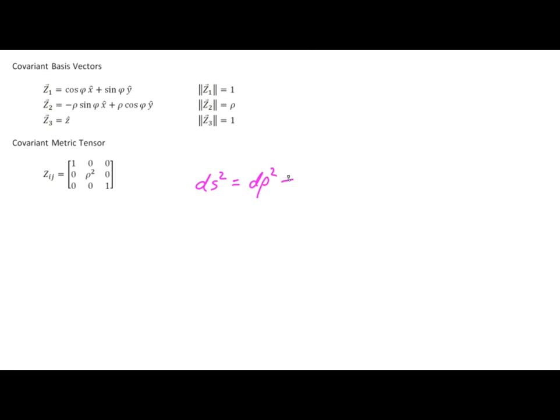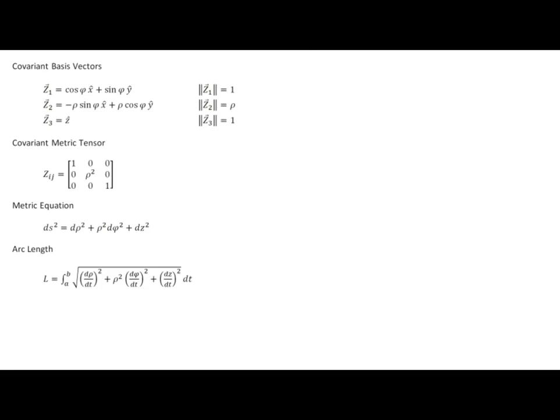The second term is going to require z22 as a factor, and then dz2 times dz2, which in this case is d phi squared, plus 1 times the third dimension of dz3, which is dz squared. And that is our metric equation, followed by the formula for the arc length.